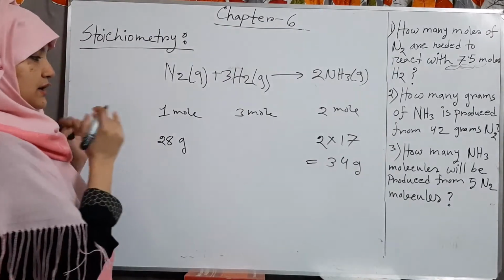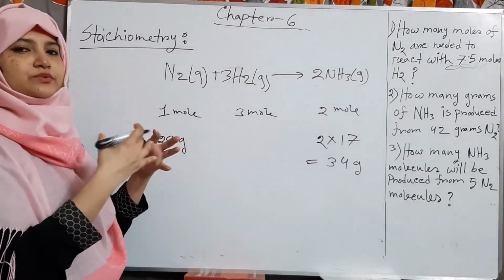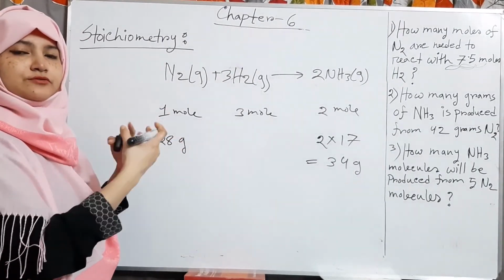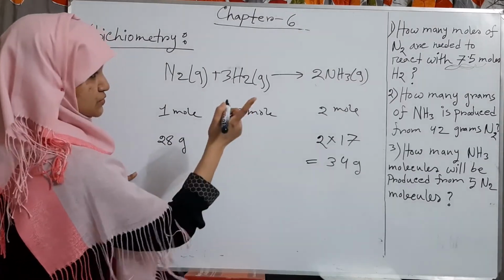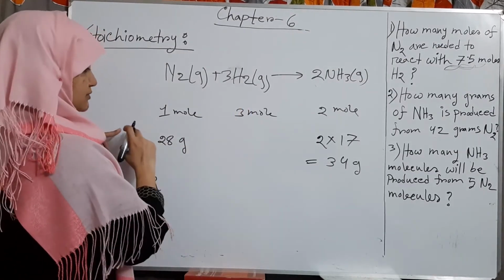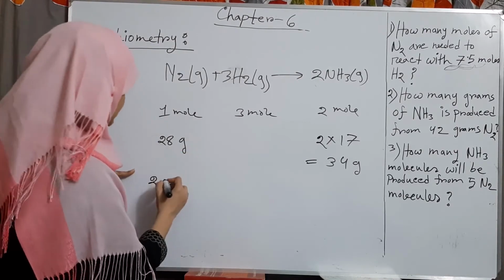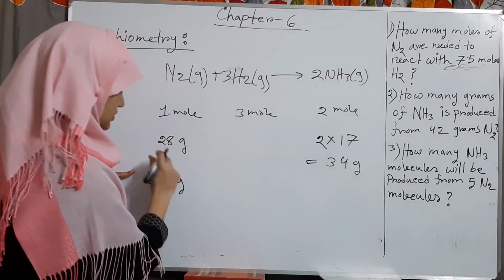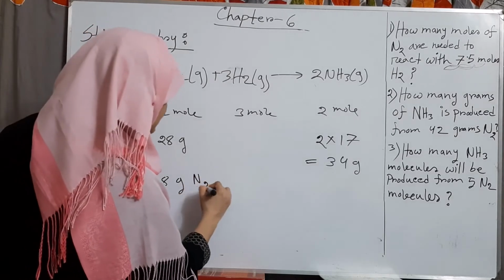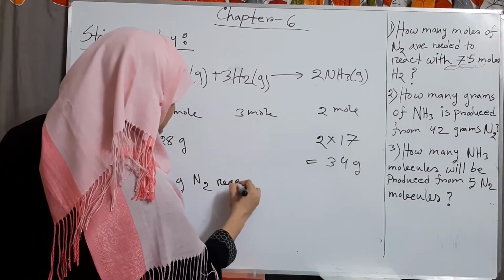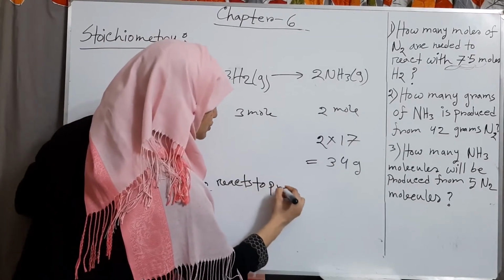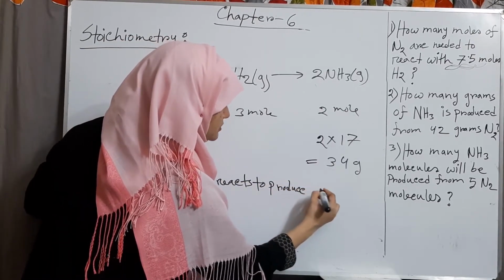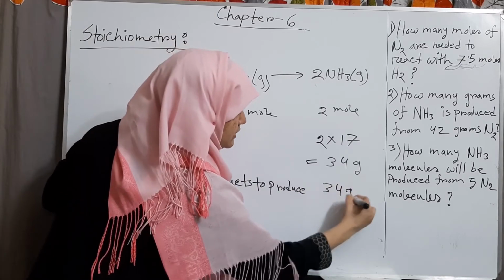Now we can follow the unitary method. From this balanced equation we get the information that 28 gram nitrogen reacts to produce 34 gram ammonia.